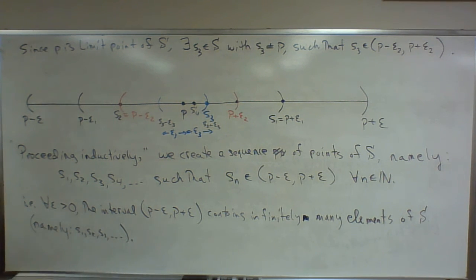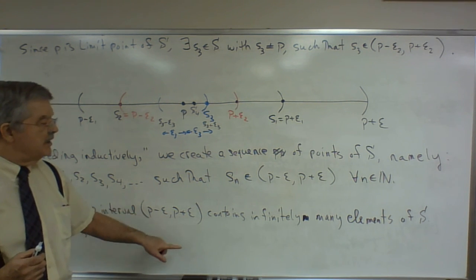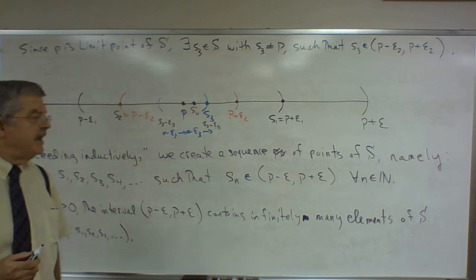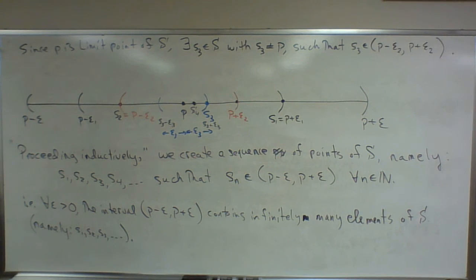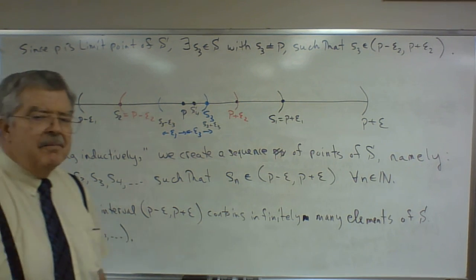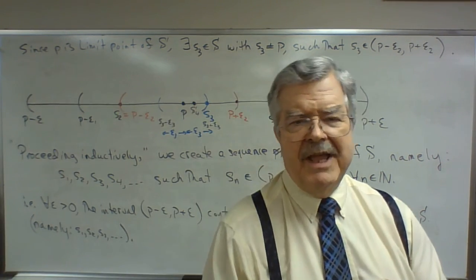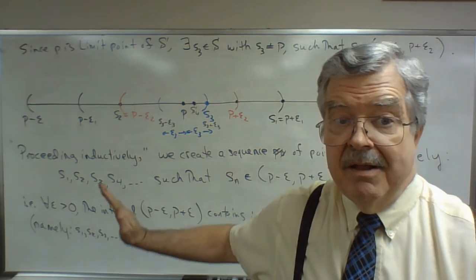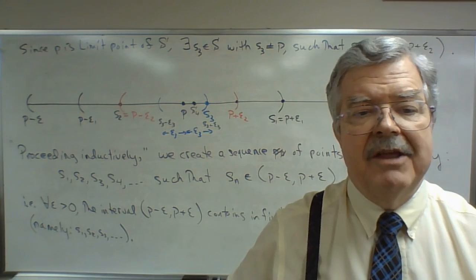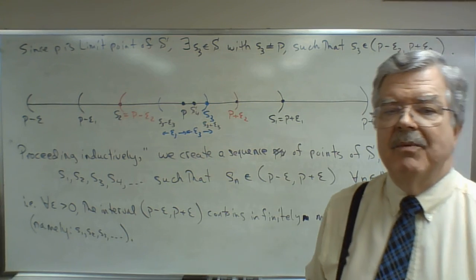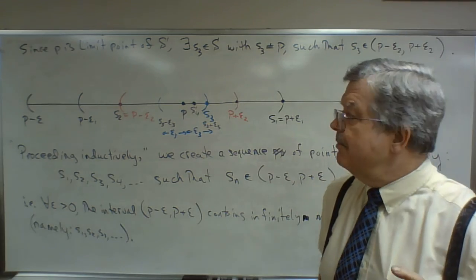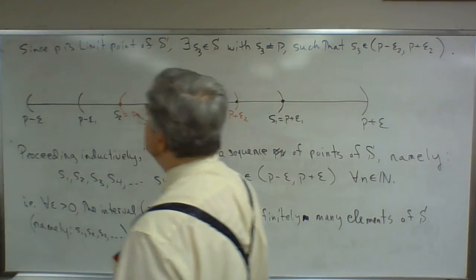Now, this was what we wanted to prove. For each epsilon greater than 0, the interval P minus epsilon, P plus epsilon contains infinitely many elements of S. But maybe I should just restate not just the destination that we wanted to arrive at, which I've done, but I want to restate something else also.